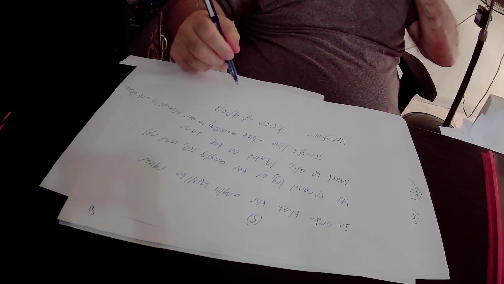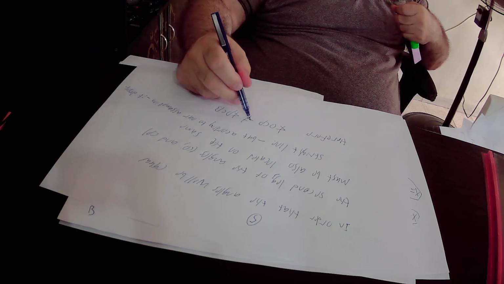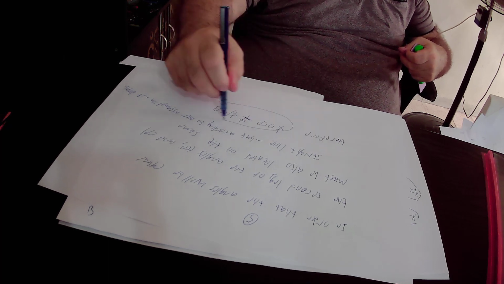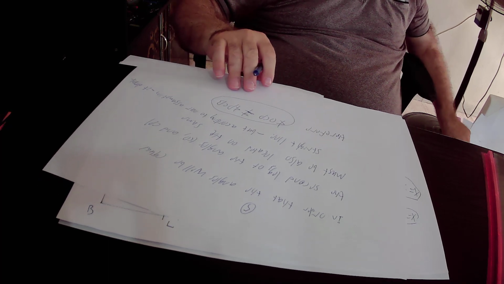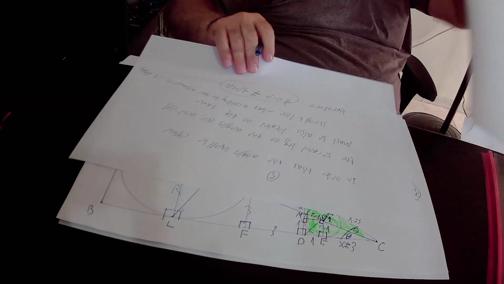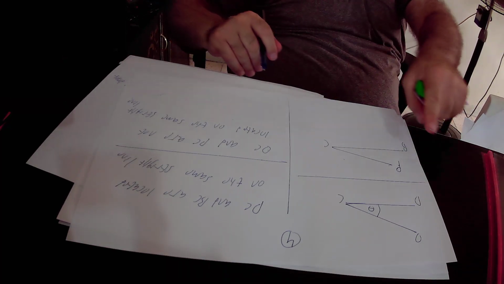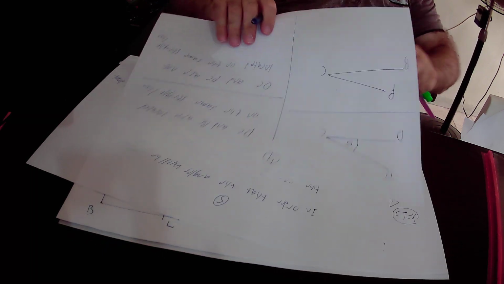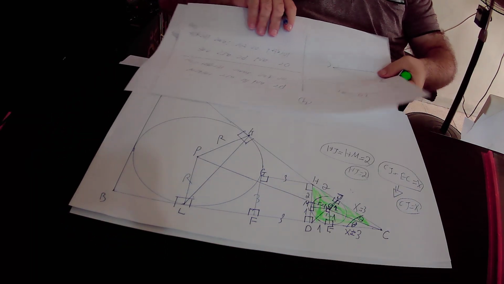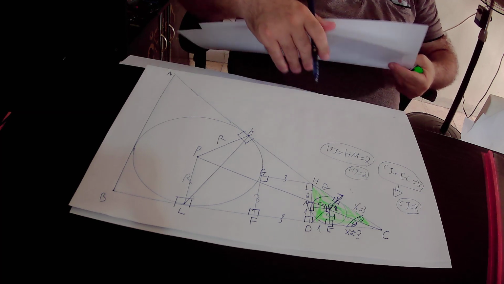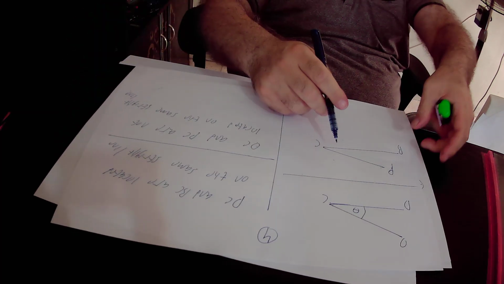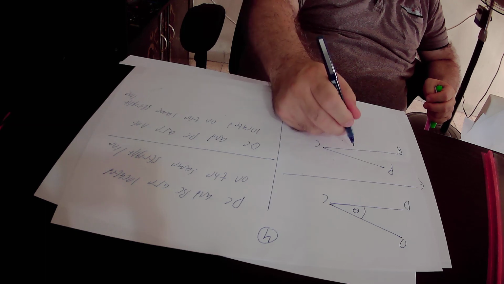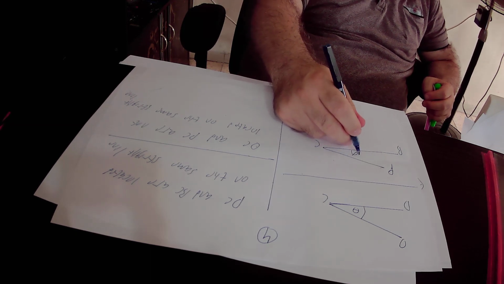Therefore, angle OCP is not equal to angle PCB. Okay? So here, if angle OCD is equal to theta, then angle PCB will not be equal to theta but to alpha. Okay?